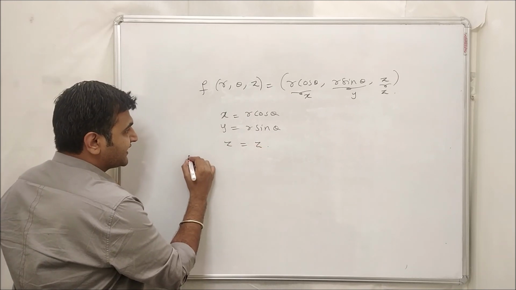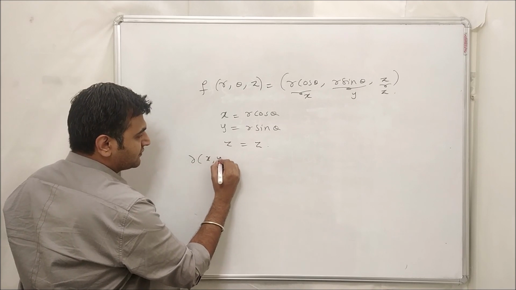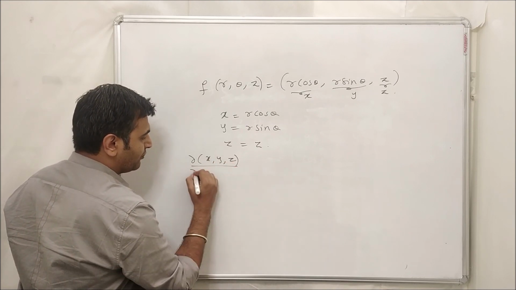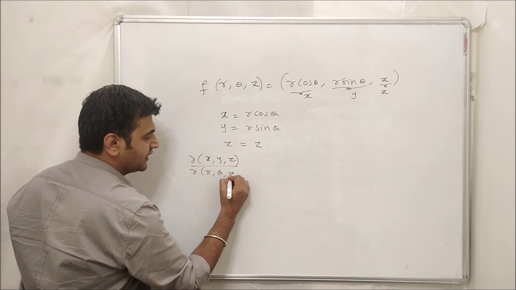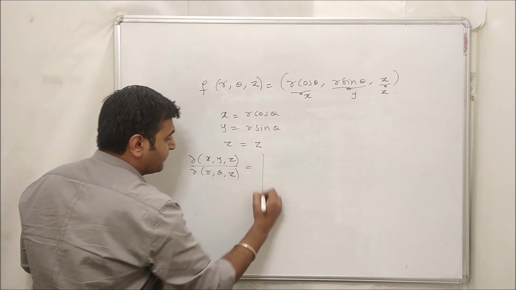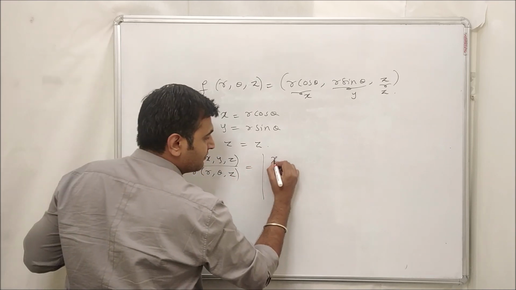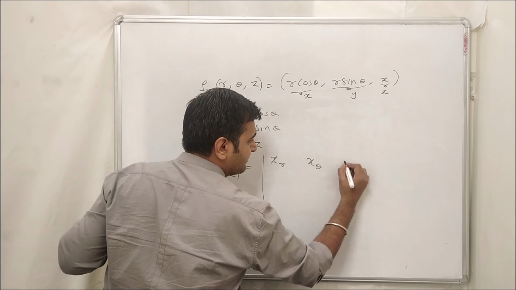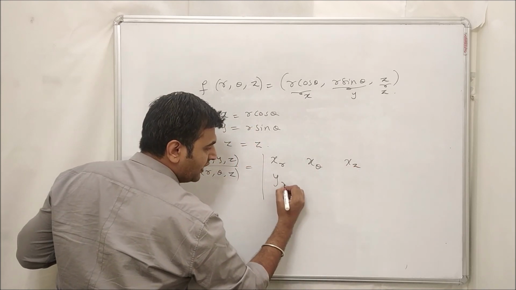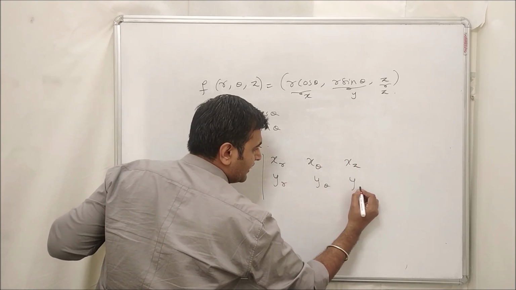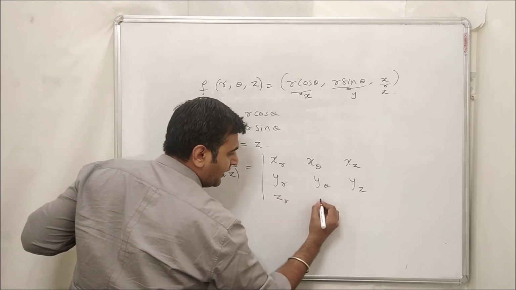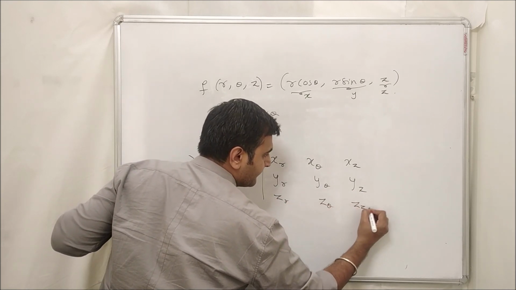Now what will be the Jacobian? The Jacobian of ∂(x, y, z) upon ∂(r, theta, z). One by one, x with respect to all three variables: x with respect to r, theta, z. Similarly for y with respect to r, theta, z, and similarly for z.